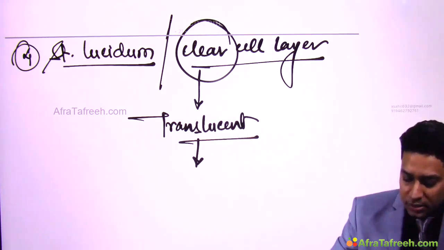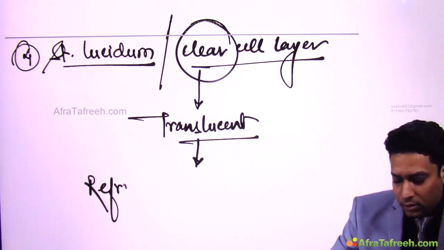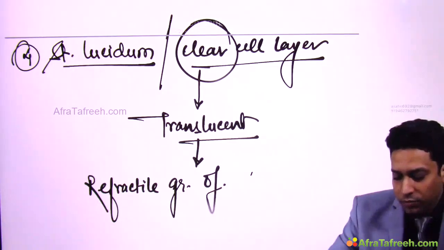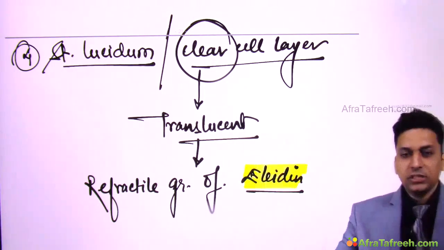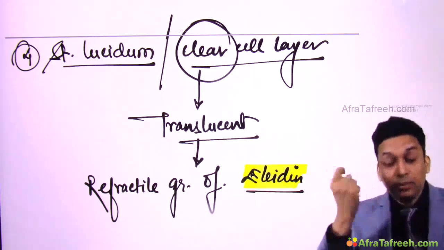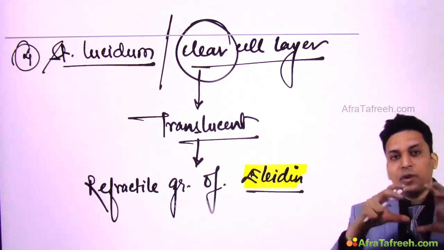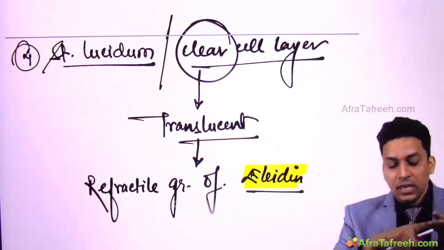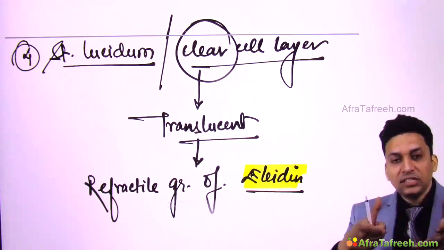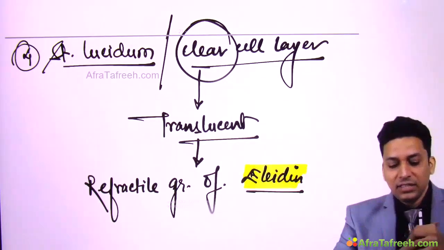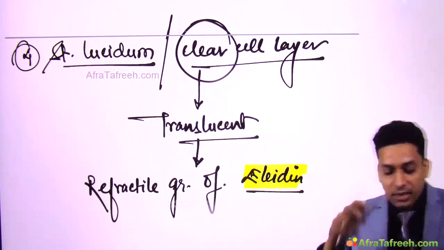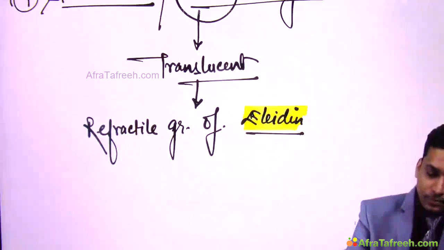Because of the presence of refractile granules of eleidin. This is one important protein present in these cells, the eleidin protein. These cells are filled with eleidin protein, which is refractile in nature, and because it is refractile, these cells appear translucent or clear, and that's why this is known as clear cell layer. Okay, so stratum lucidum is the clear cell layer.